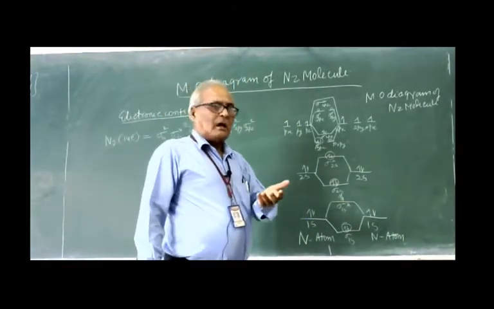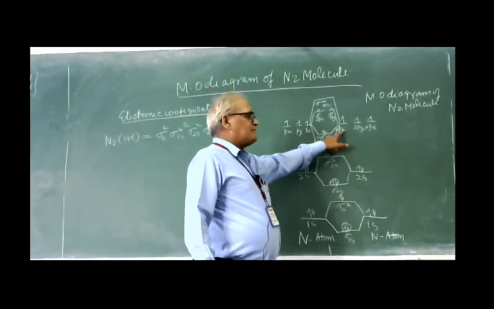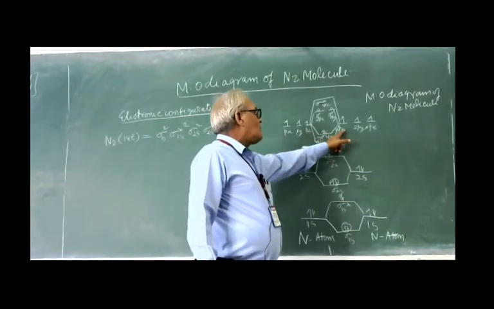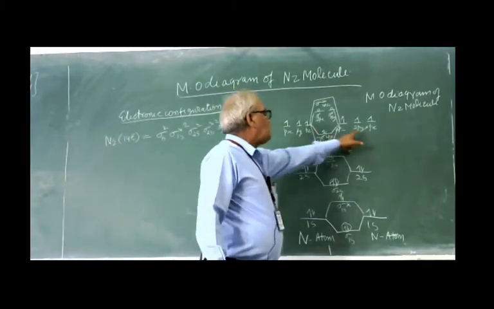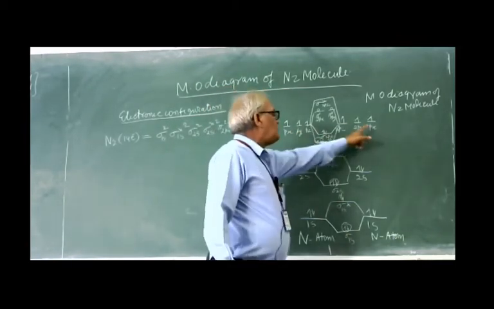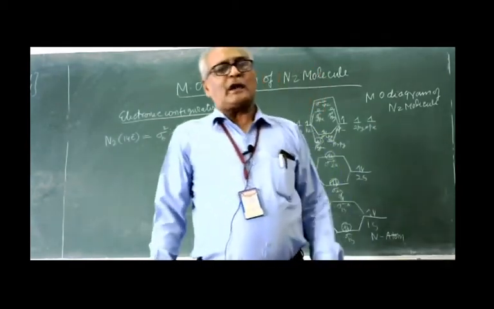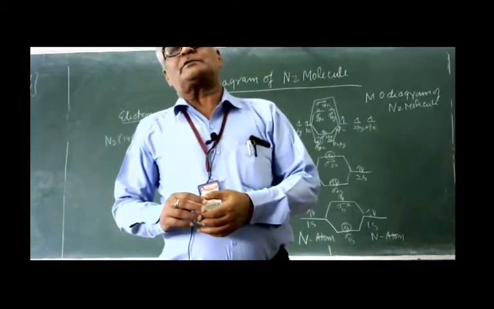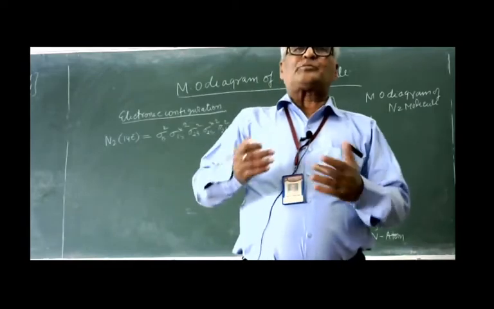Conventionally, we know that pz and pz have the same symmetry, so they will form the sigma bond. But py and py, px and px, are perpendicular to the pz and therefore they overlap in such a way as to form the pi bond. That is, the overlapping takes place sidewise.